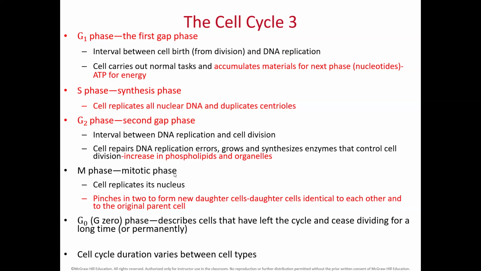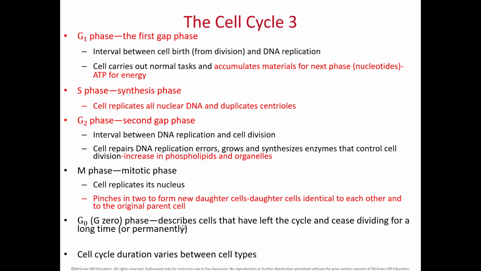That division starts with the mitotic phase. In the mitotic phase, remember, we want to bring everything towards the middle. So then when we split everything, we're going to go from one cell to two. Each cell is going to have one copy of one chromosome from each parent. So you have two parents. One cell is going to have one copy of chromosome one from mom.